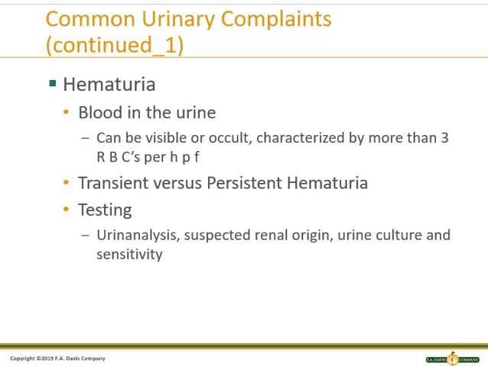The causes are going to be grouped according to the anatomical site of the blood source. For example, isolated hematuria with no urinary components could be from bleeding anywhere in the renal pelvis to the urethra, but is rarely associated with systemic diseases.